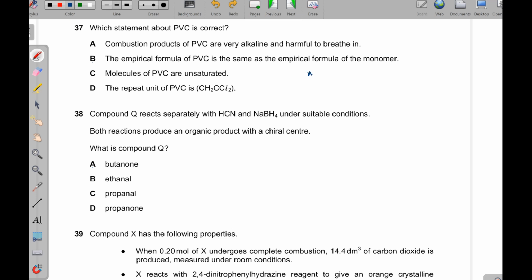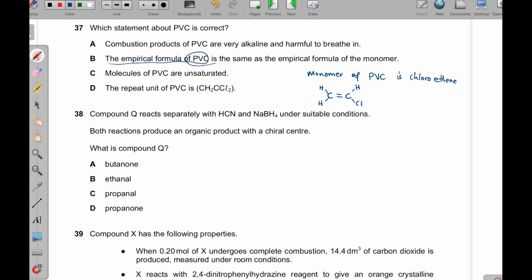We look at the monomer of PVC, this one is chloroethene, which is like this. We have a hydrogen, maybe a chlorine here, then a hydrogen, just one of the hydrogens connected to one of the carbons into double bonds is replaced by the chlorine.